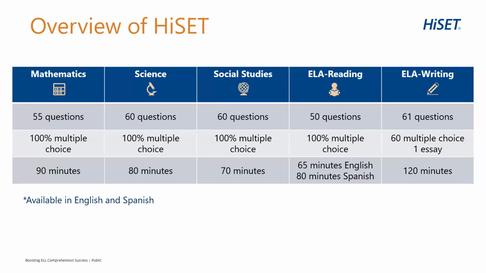Writing has 61 questions just because it has 60 multiple choice plus an essay. Okay, and the time varies by subject. And for reading, we actually have a different time allowance for English and Spanish, just because Spanish might need more time to read. But usually it's about 60 minutes to 120 minutes for each subject.